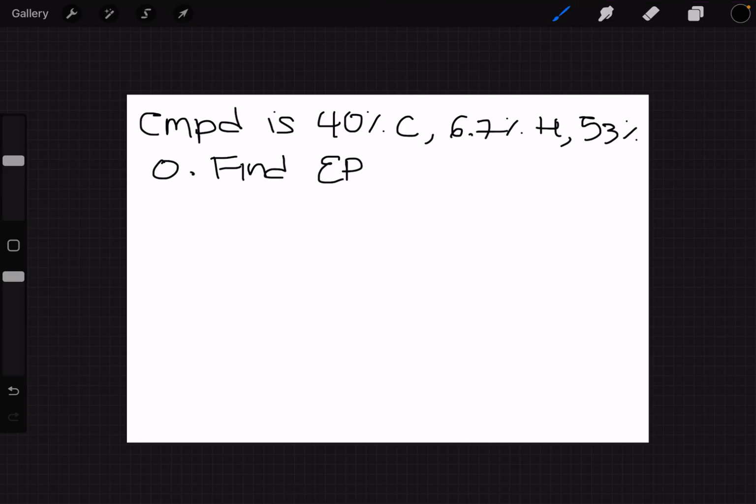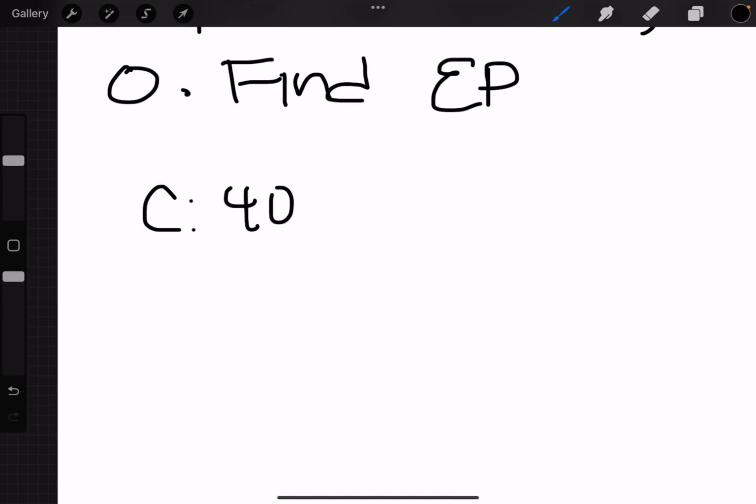So, assuming everything will equal 100, C is 40, and you won't have to divide it. Convert all of it into moles.